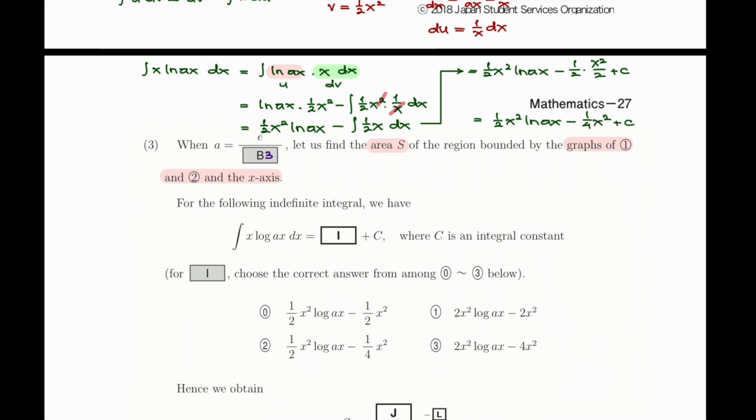This is the indefinite integration of x ln ax. If we have to choose the correct answer, then the correct answer for letter I is 2: half x squared ln ax minus 1 over 4 x squared. So I is 2. Okay?